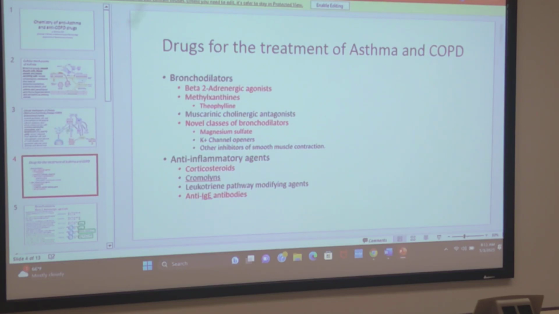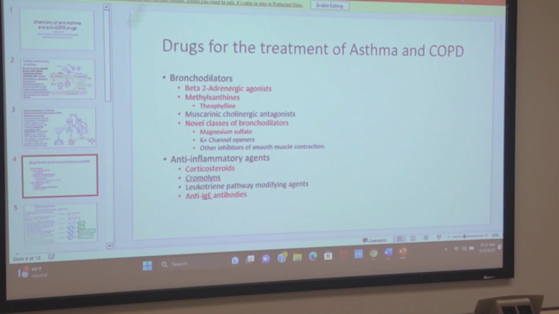You have choices to treat the conditions either with bronchodilators or anti-inflammatory agents, in some cases a combination of both. So we will be talking about the mechanism. When we combine a bronchodilator and an anti-inflammatory agent, what would be the benefits? Is it better? Is it not so good? Those are the things we are going to talk about.